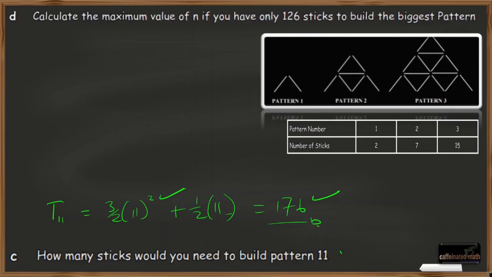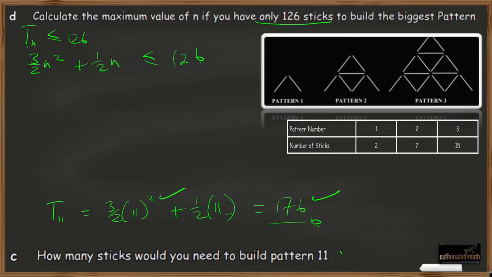For this, we know that Tn needs to be less than or equal to 126 because we have the 126, so it can equal 126 for that maximum value to be true. But of course, we do have a definition for Tn, which is 3 over 2 n squared plus 1 over 2n. Of course, that's our inequality.